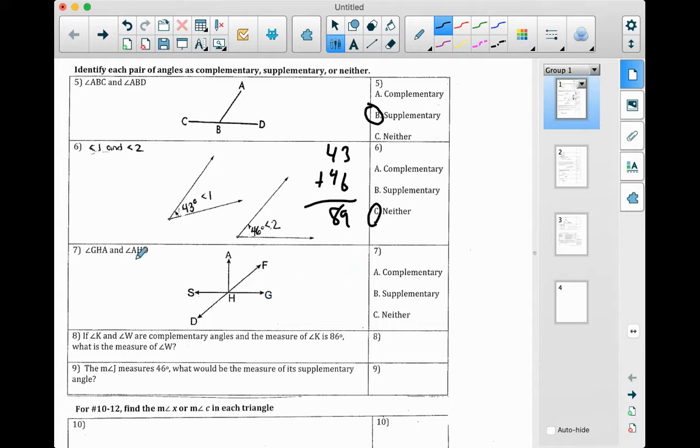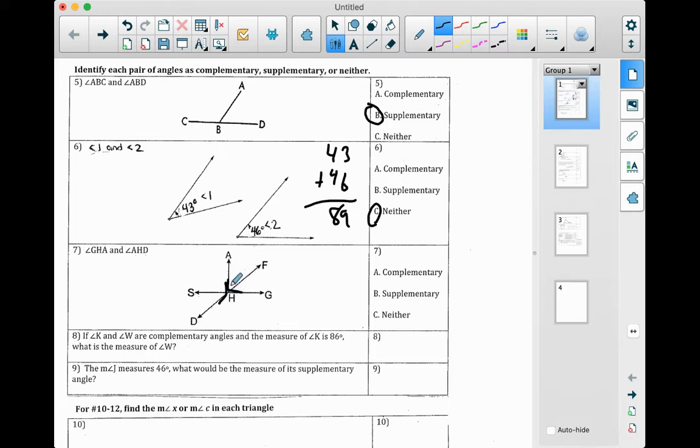Okay. So here it names a couple angles, GHA. If I go from G to H to A, that's that angle. Looks like a right angle. And AHD. AHD goes here and here. Okay, that's an obtuse angle. All right, so I can tell they don't make a right angle together, right?